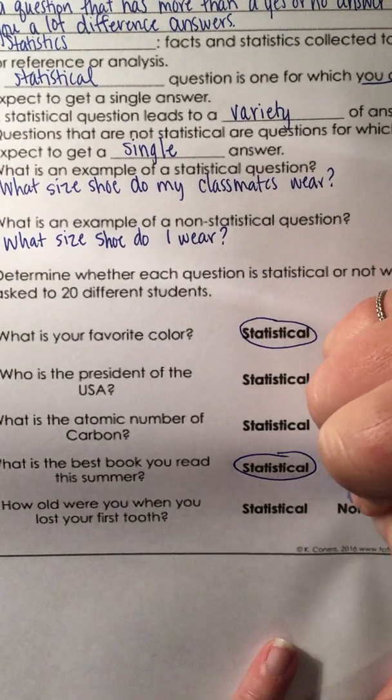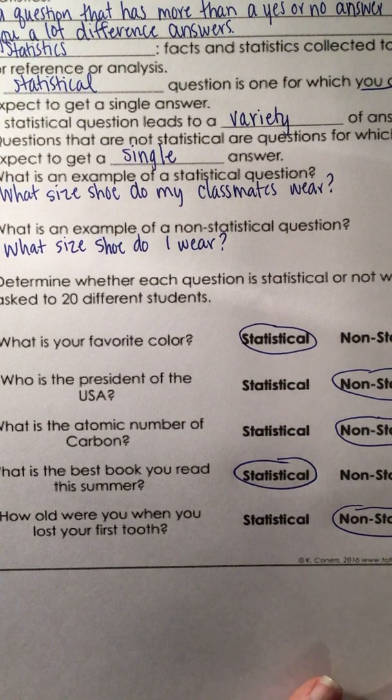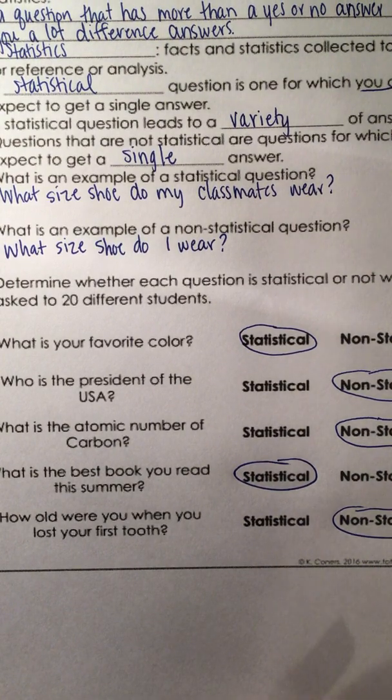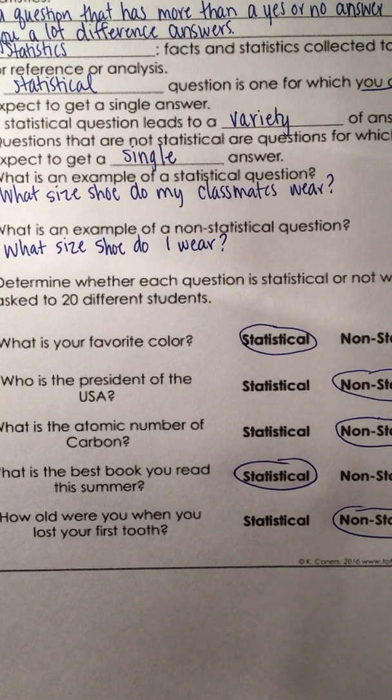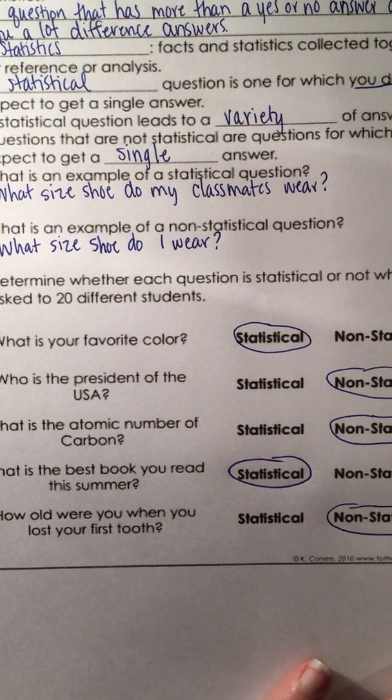I'm going to say it's non-statistical just because the answer will never change. And the age range will probably be 3 to 4, maybe 5. So that is going to be a very small variety. So that would be a non-statistical question as well.